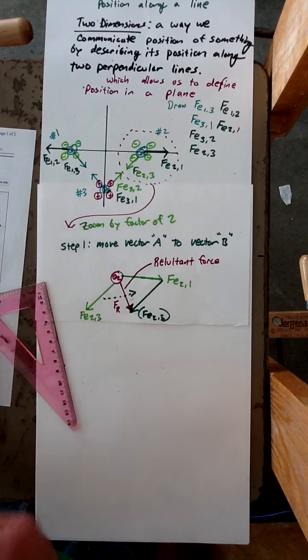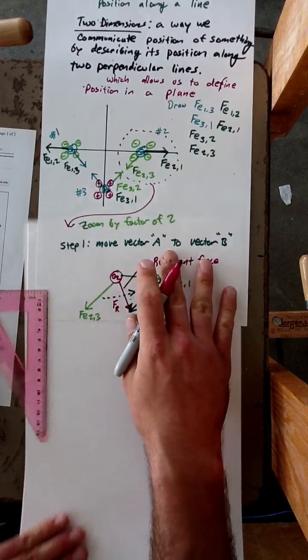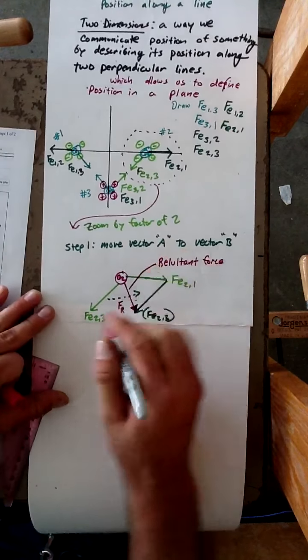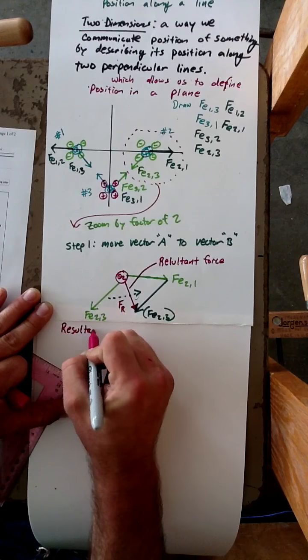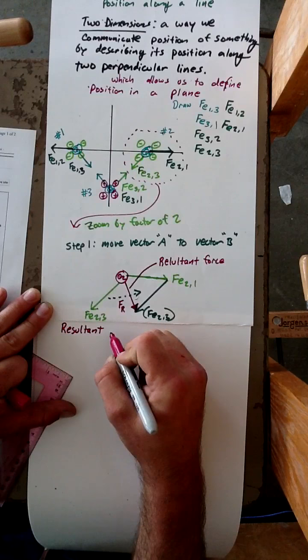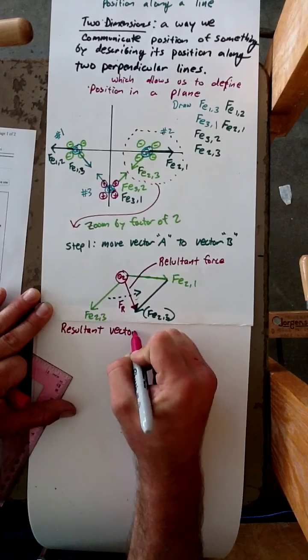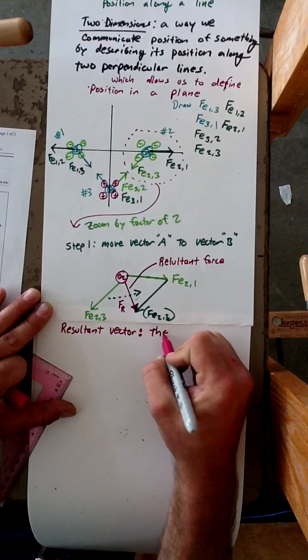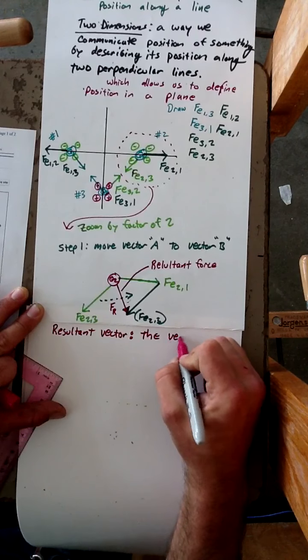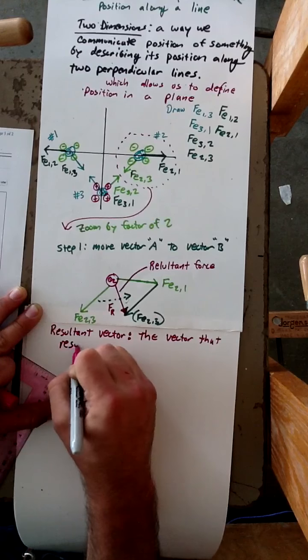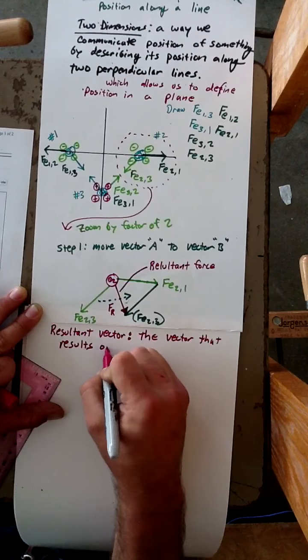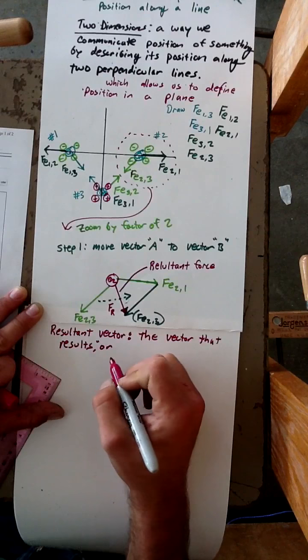And I'm going to have a definition for you here. Resultant vector: the vector that results, or we'll say, what's one other way to say results?